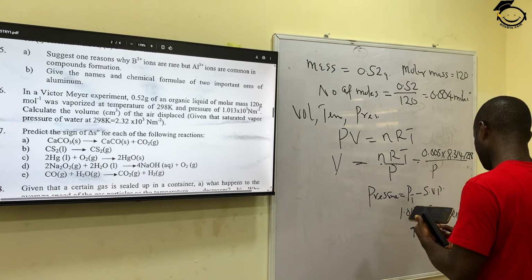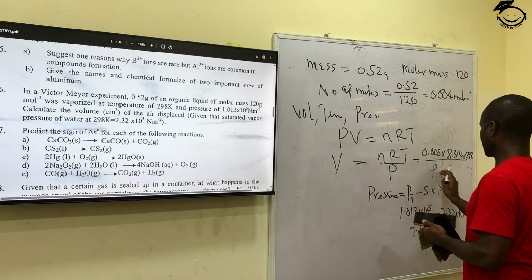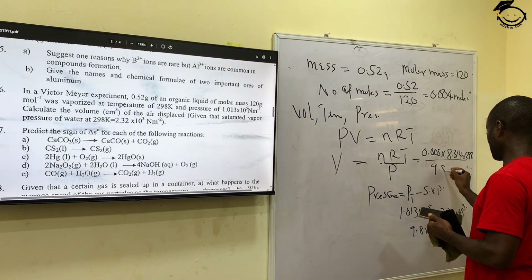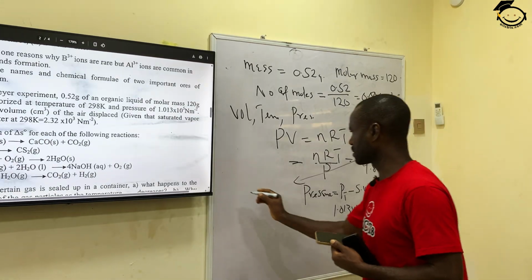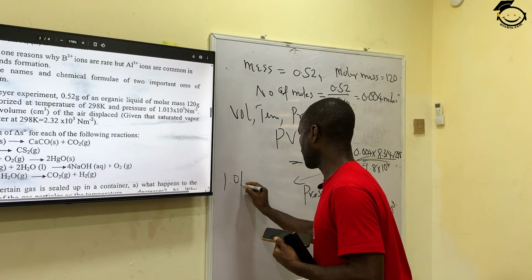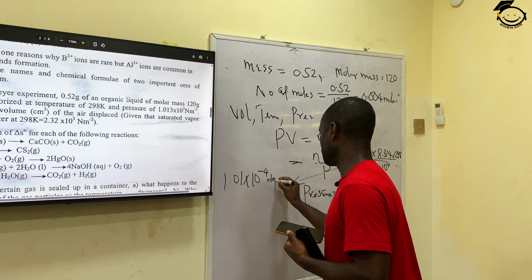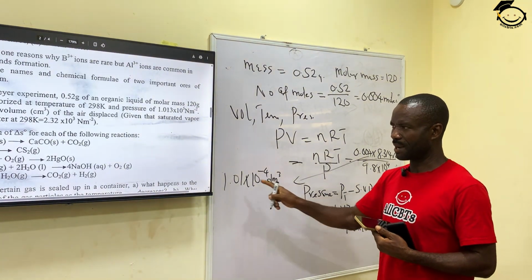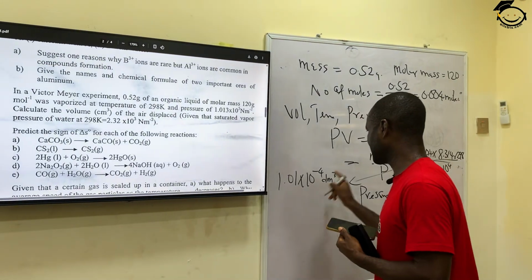So in this case, we now substitute this with P. So this becomes 9.8 times 10 raised to power 4. Dividing this by the pressure gives us 1.1 times 10 raised to power minus 4 dm cube. Now, our answer is to be converted to cm cube, so we multiply this times 1000.